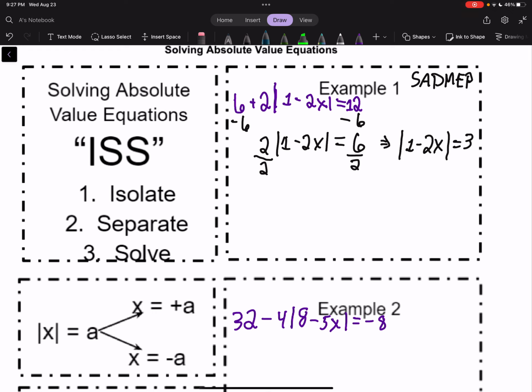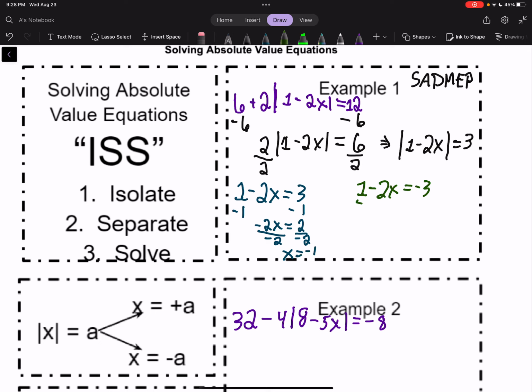So we are going to have negative 1 minus 2x is equal to positive 3, and 1 minus 2x equals negative 3. We're now going to solve these 2 equations. We're going to subtract 1 from both sides, so negative 2x is equal to 2. Divide by negative 2. X is equal to negative 1.